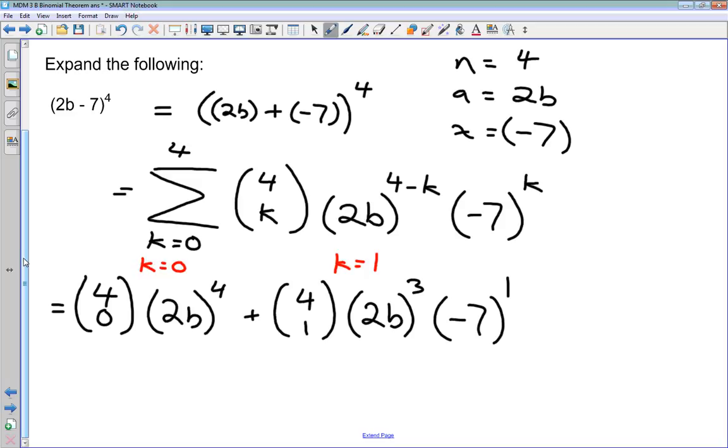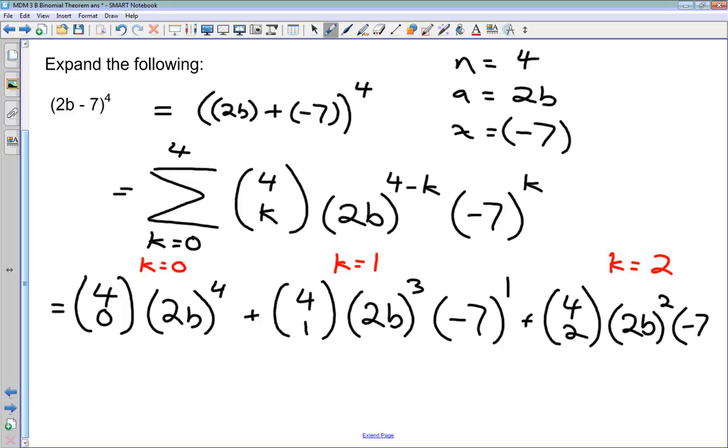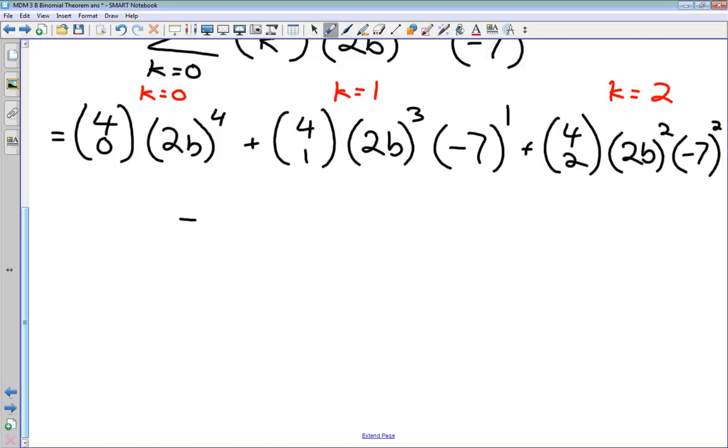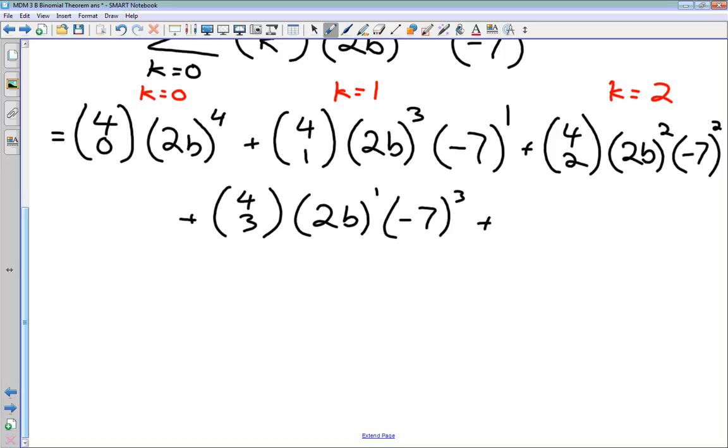So we've got a term here for k equals 0 and k equals 1. And let's see if we can fit in our k equals 2 term on this same line here. So this is going to be 4 choose 2, 2b squared, negative 7 squared. Now I've got to come down to the next line here. Plus, what's next? We've got a k equals 3 term, so 4 choose 3, 2b to the 1, negative 7 to the 3, and our last term is going to be 4 choose 4.